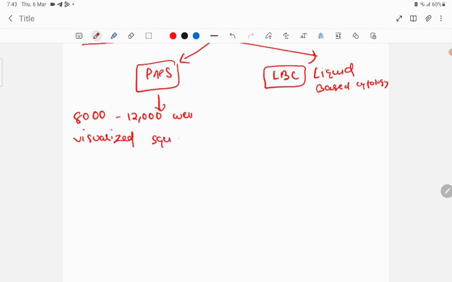For liquid based cytology, remember, it should be 5,000 well visualized squamous cells.